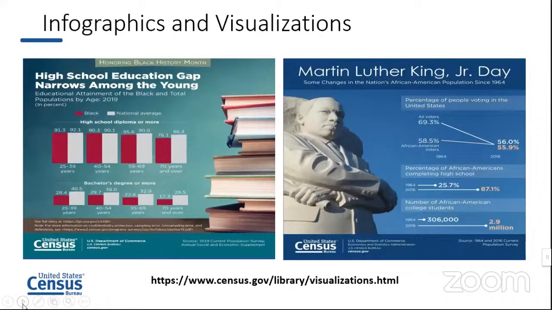But with all of the data that we collect, we also, with the new software that's out there, can provide and create these visualizations. And again, you can see here, this is from the 2019 Current Population Survey, the CPS. And this one is from the CPS as well, from 1964 to 2016.